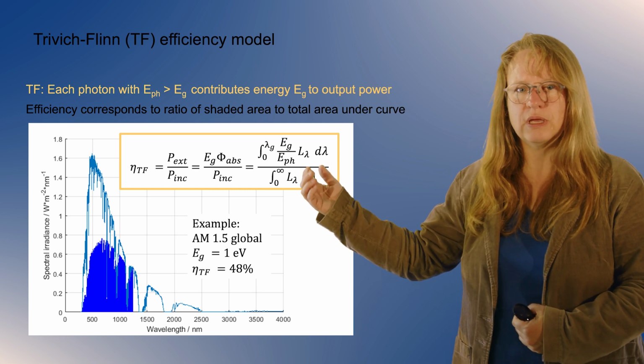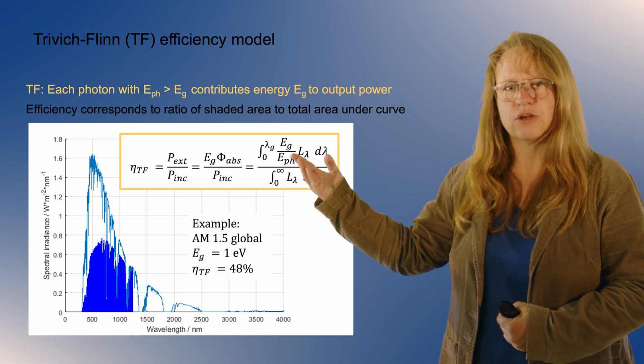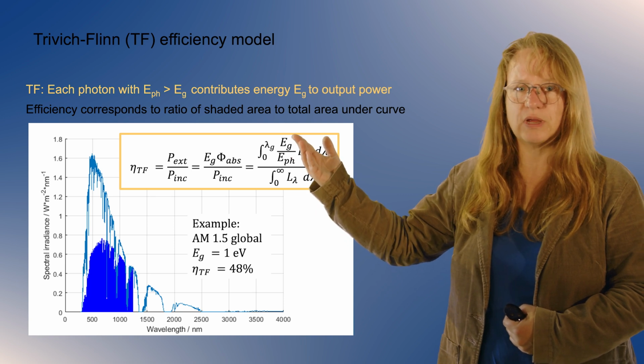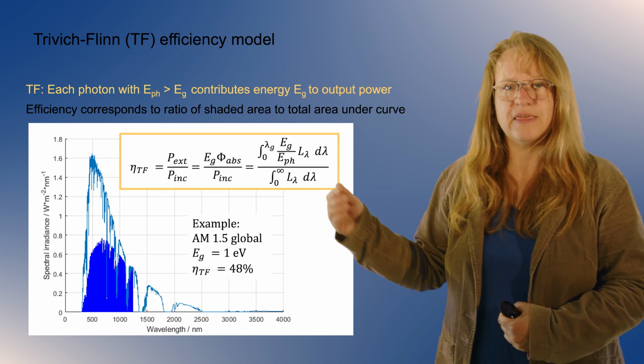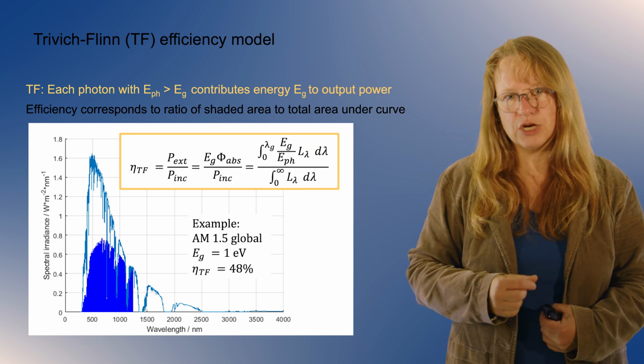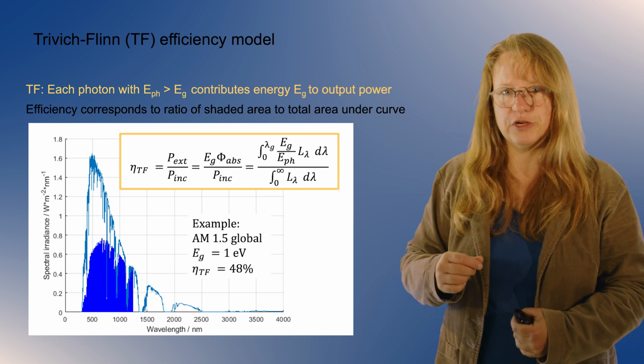And we then have to multiply with this factor Eg to E photon. That is, each photon contributes only one band gap energy equivalent.